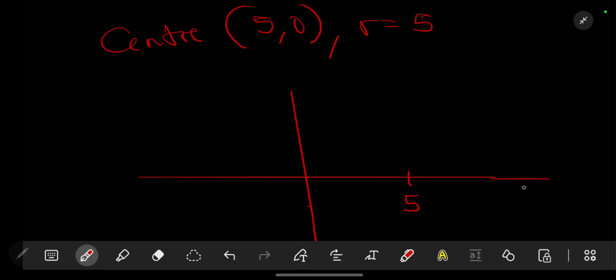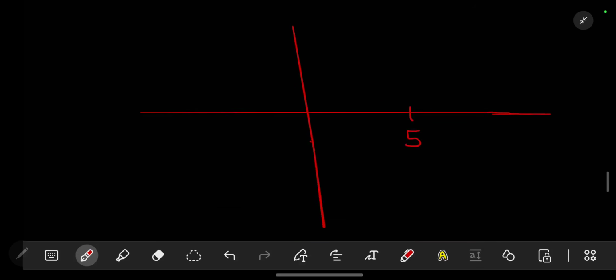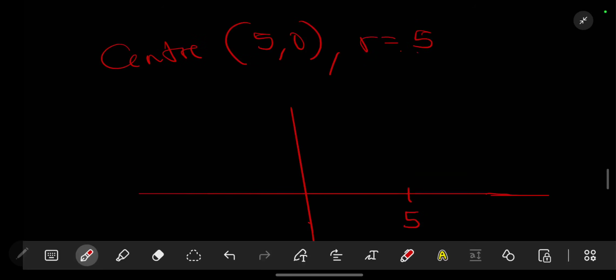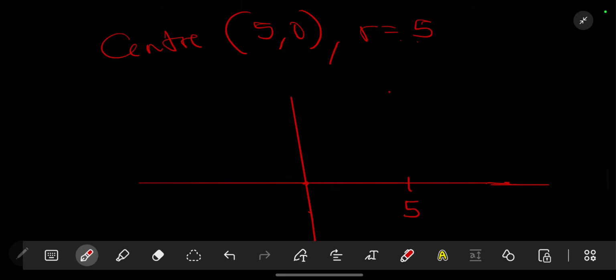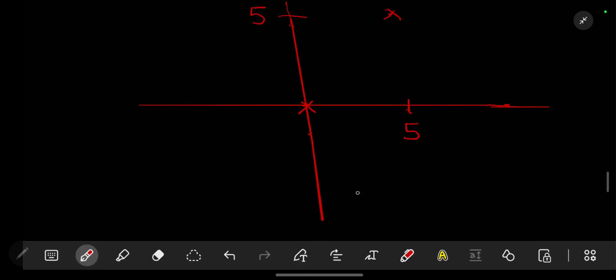Then the radius is 5, so from the center to the circumference you move 5 units up, 5 units this side, 5 units this side. 5 units this side falls here. 5 units upwards, y value will be 5 at this point. You go down 5 units, so it will be negative 5, and 5 units this side, which will be 10 like that.